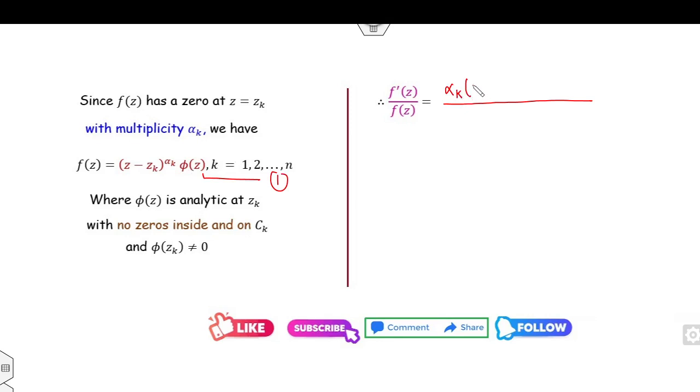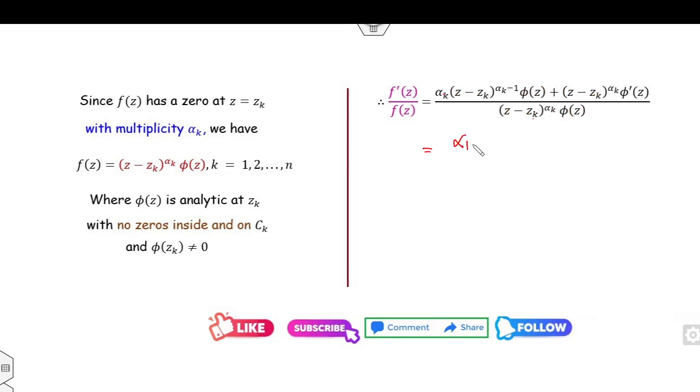I can differentiate: alpha k times z minus zk raised to alpha k minus 1 of phi z plus z minus zk raised to alpha k of phi dash z, divided by z minus zk raised to alpha k of phi z. Now you can separate them. If you separate them, this value will be alpha k over z minus zk plus phi dash over phi of z.